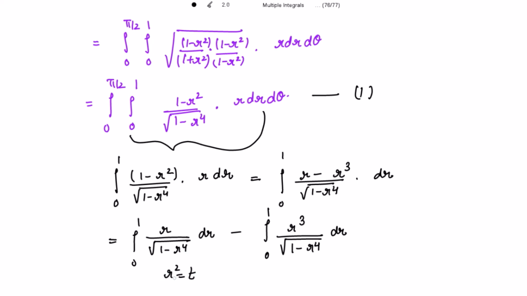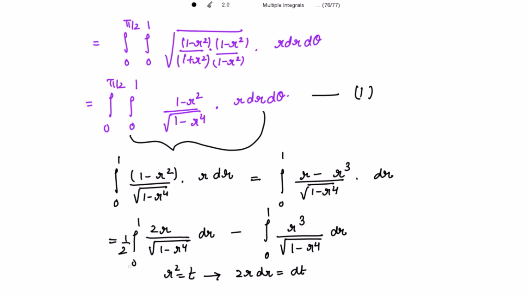Then 2r dr equal to dt. To get 2r dr, just multiply and divide with 2. So for 2r dr, I'm writing dt over square root of 1 minus t square.